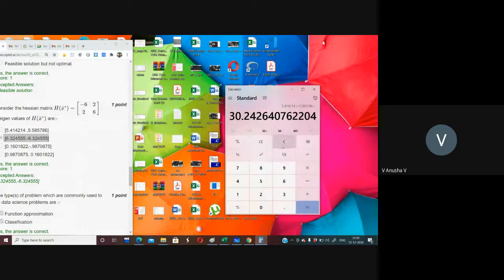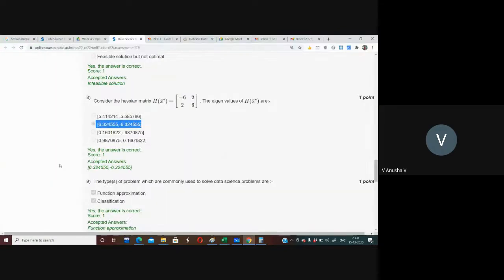Let's check the second option. 6.324555 into 6.324555 equals 39.99. Okay, here there is a minus sign, so it will be minus 39.99. So you will not be getting it for any of the other options. So this is near, so this should be the answer. That's it. Either way you can find it.